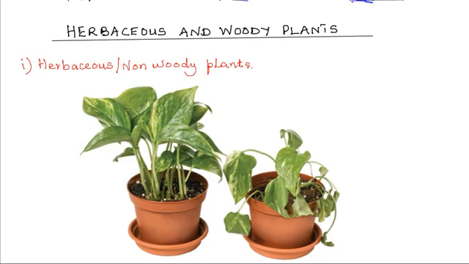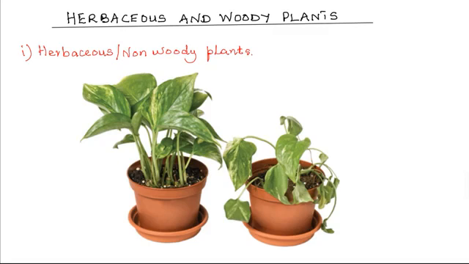Primary xylem, 3. Collenchyma, and 4. Sclerenchyma. So the herbaceous plants mainly depend on the turgidity of the parenchyma cells for support. Most of them may lack the collenchyma and sclerenchyma. So their main source of support is the turgidity of the parenchyma cells.